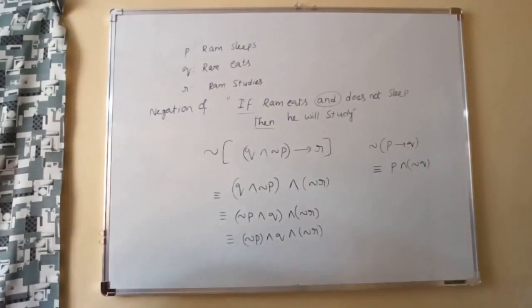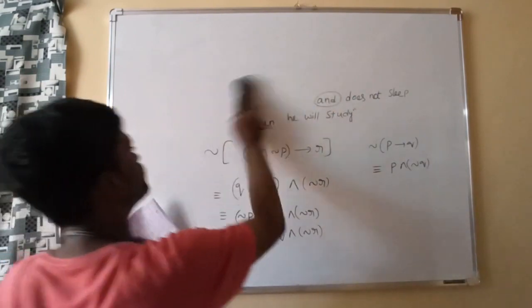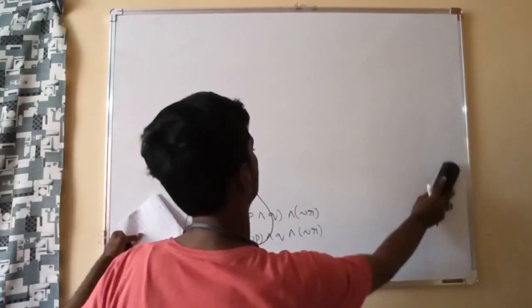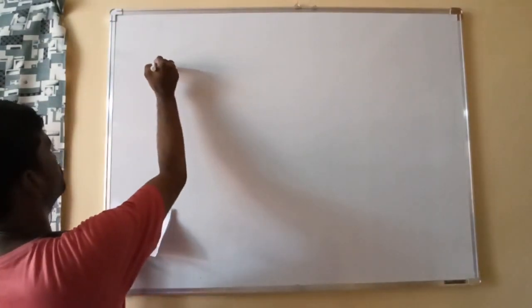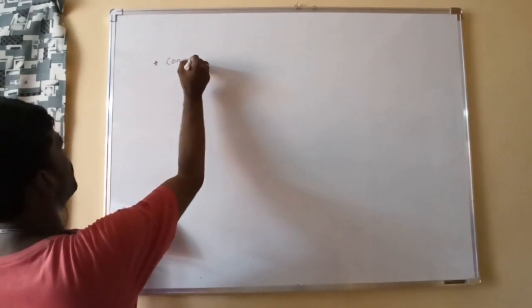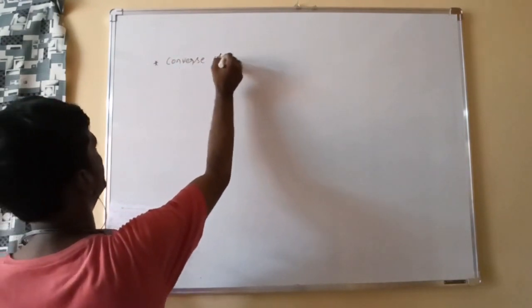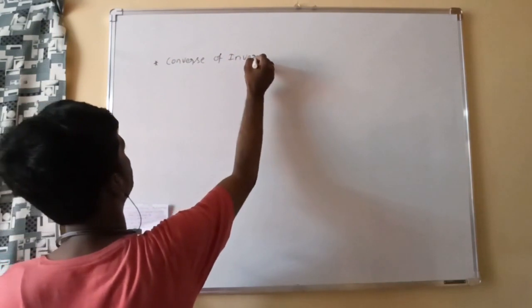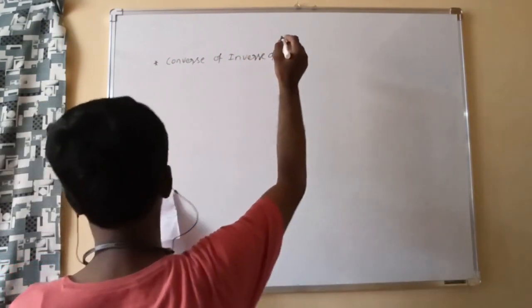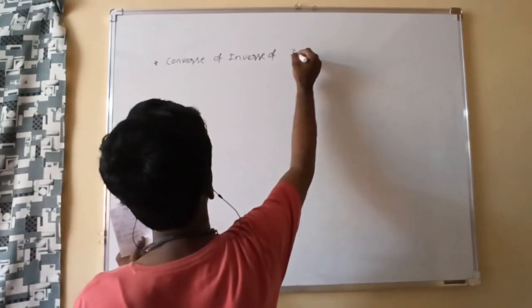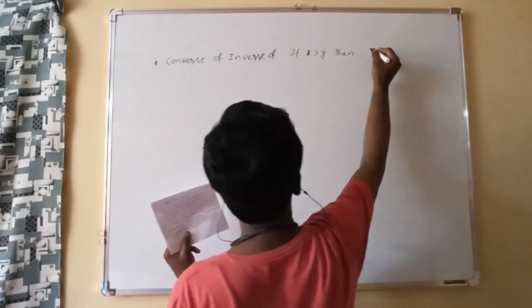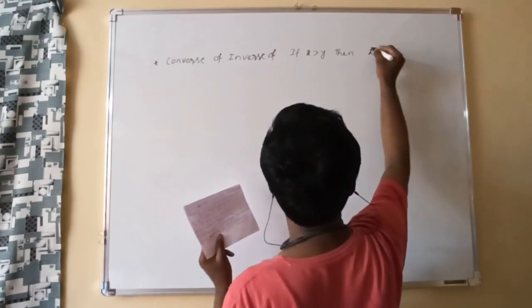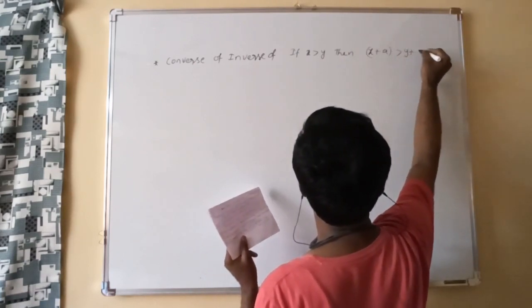So I'm going to give some problems, 4 to 5 problems. Try to solve and comment your solution. Okay, so the question is, what is the converse of the inverse of: if x greater than y, then x plus a greater than y plus a?